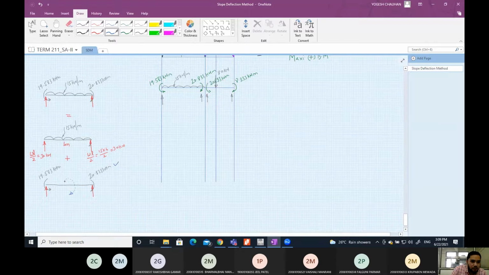So the resultant bending moment on this beam will be 20.833 minus 19.583. So that will be 1.25 kilonewton meter.